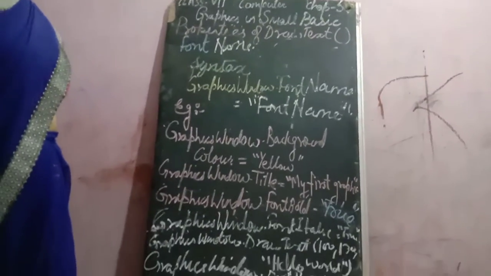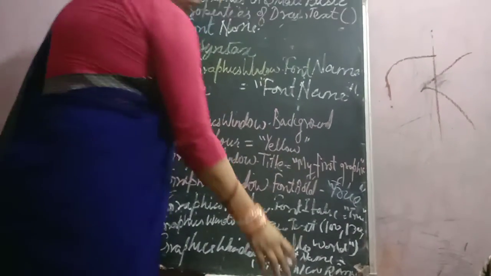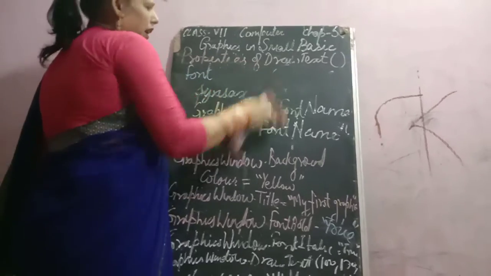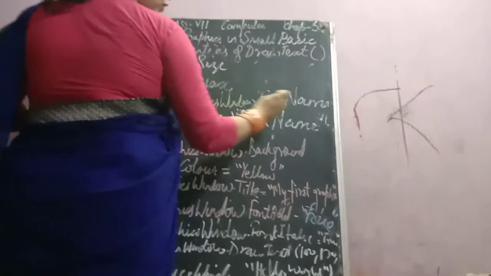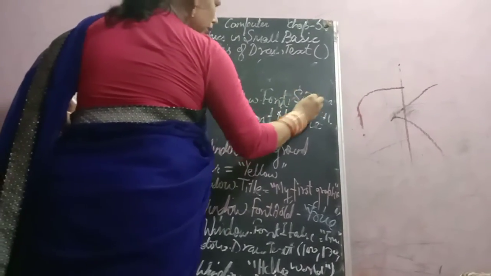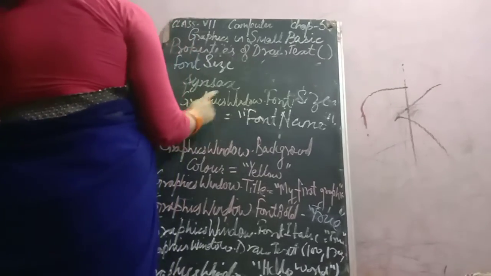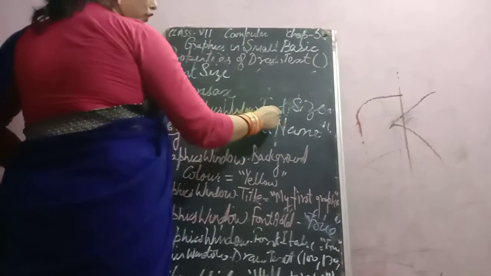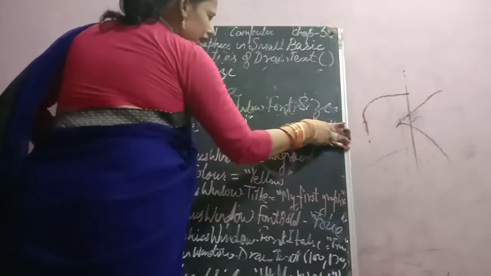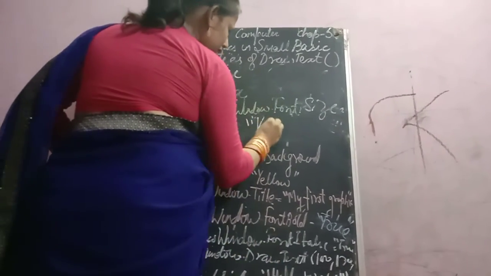After that, this was to give the name. Next is to give the size. Same format. This is a very easy language. Font size. What you have to do here? Just mention the size in the sentence. Graphics window dot font size, and here you have to give the value.